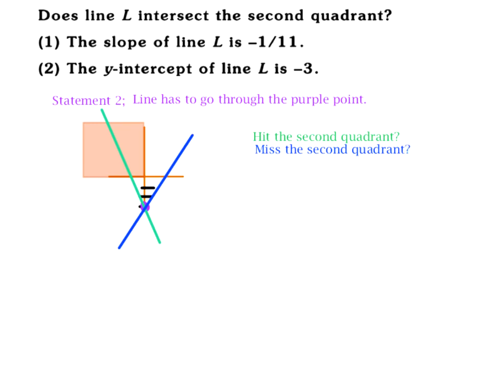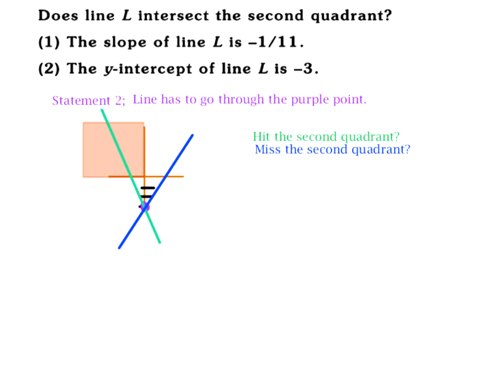By the way, make sure that you don't think about this as I don't know, because I don't know is not a goal. You can't try for I don't know. But you can try to both miss and hit the second quadrant. That's a big difference. Do not think of insufficient as I don't know.